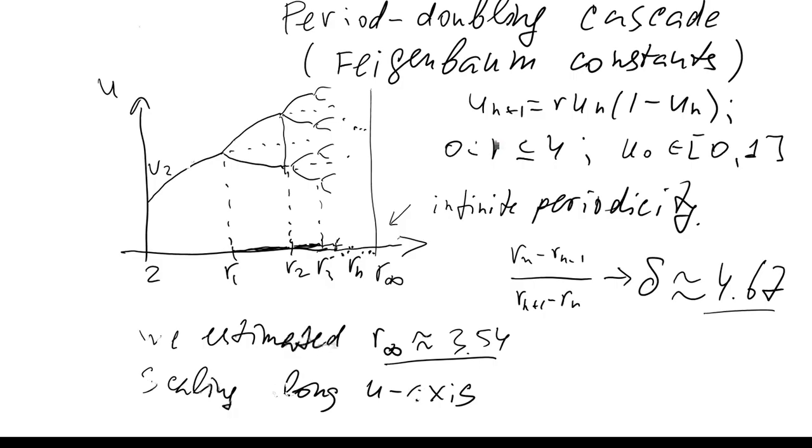Let's consider this distance. This is the distance between U3 and U4 at the time when U3 and U4 become unstable. And this is another distance between, let's say, U5 and U6.